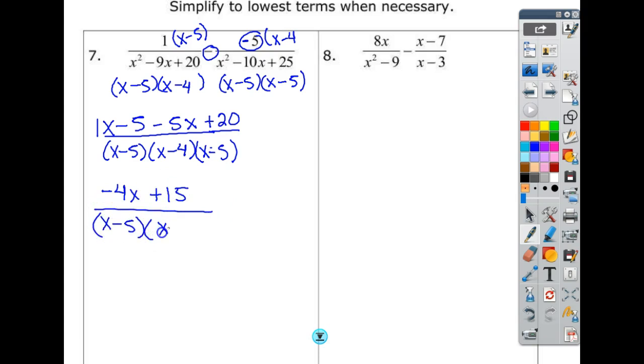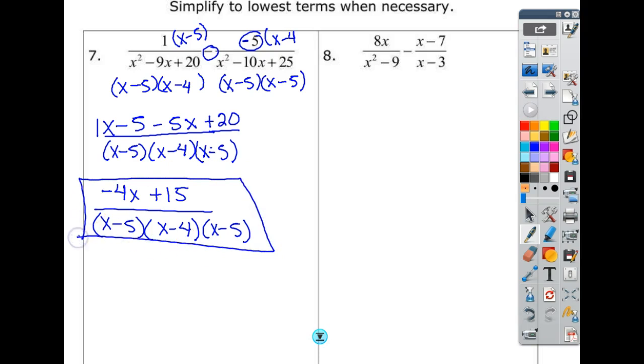In other words, can we factor this numerator right here? No, because 4 and 15 don't divide by the same thing, do they? So we're finished, because the last step is to factor the numerator to see if it can cancel out with something in the denominator, okay? And it doesn't.